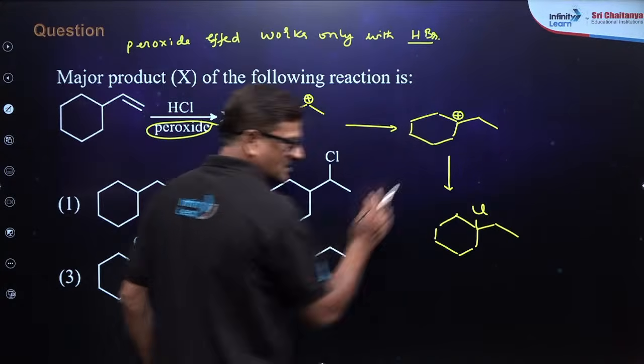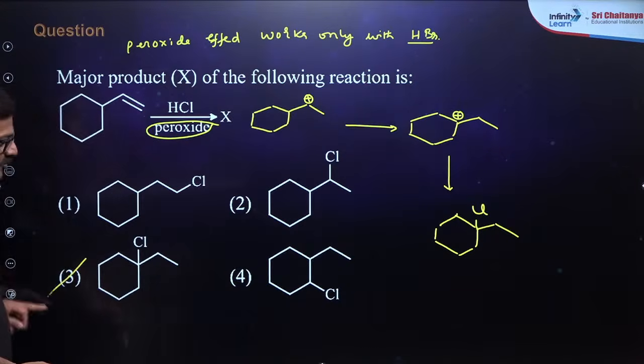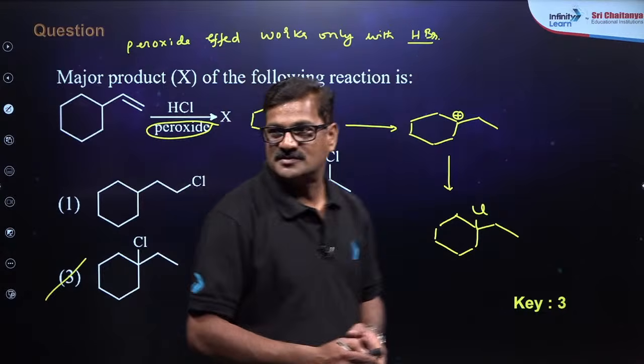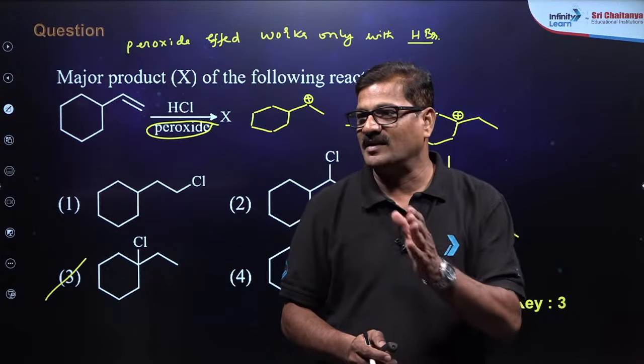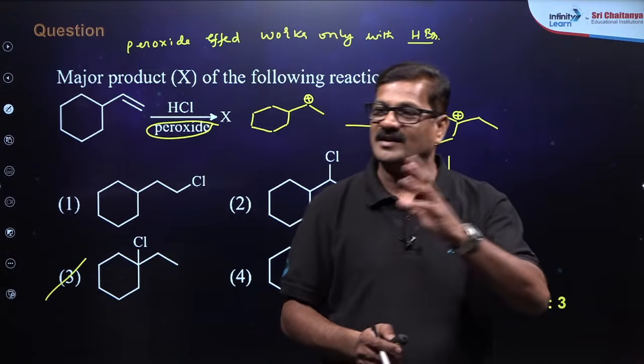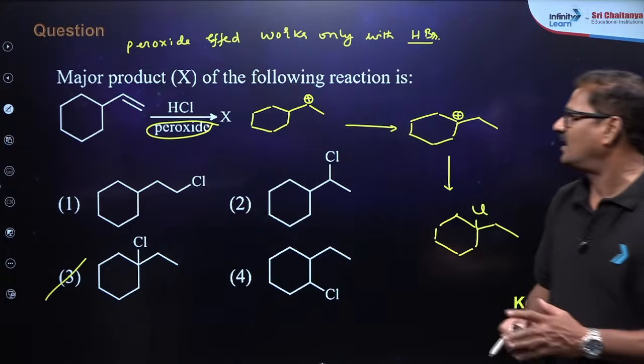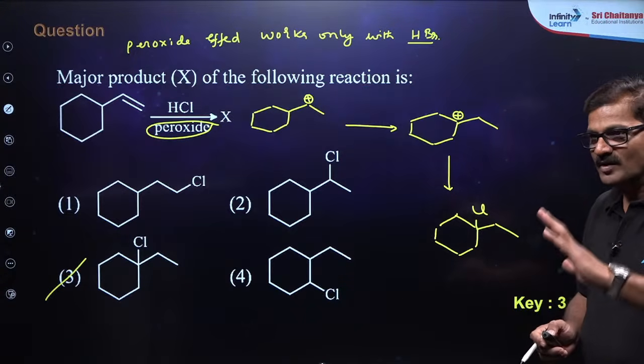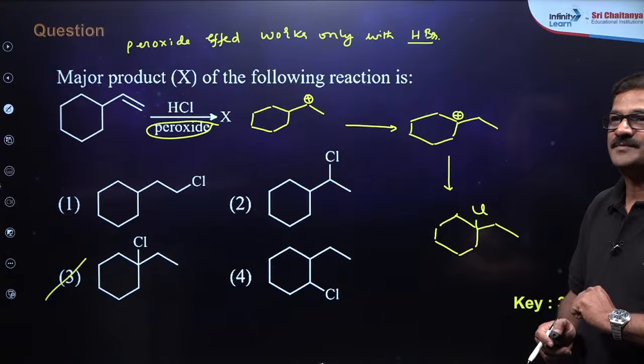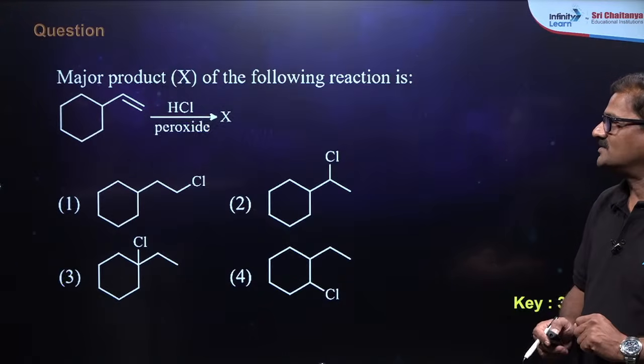So check your answer here. I would say strongly it is option 3. If a terminal halide forms, then rearrangement is good. It's not a terminal halide. Halides do not rearrange, carbocations rearrange. Carbocation is going to rearrange.